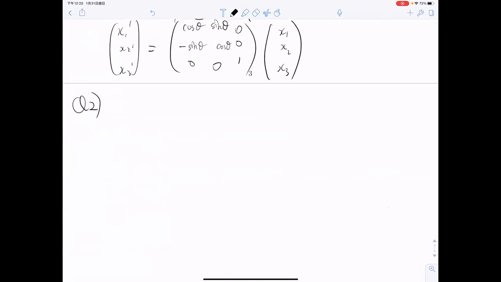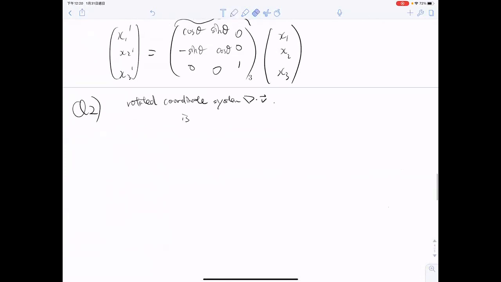After we rotate the coordinate system, it's given by V prime times del prime, V prime del prime.